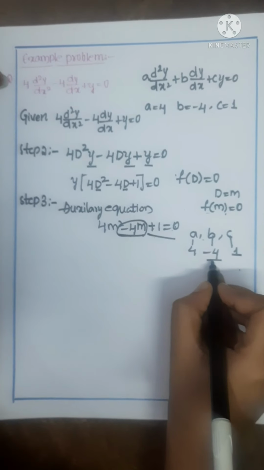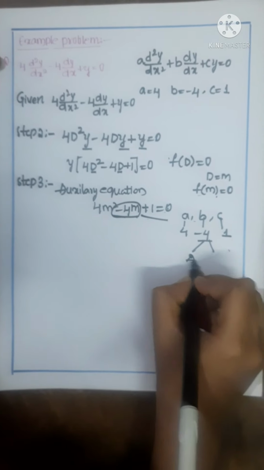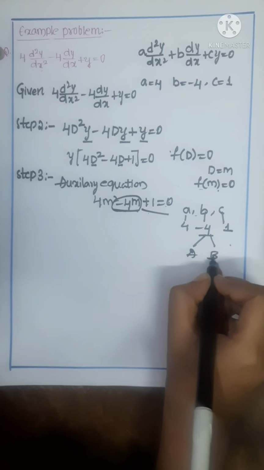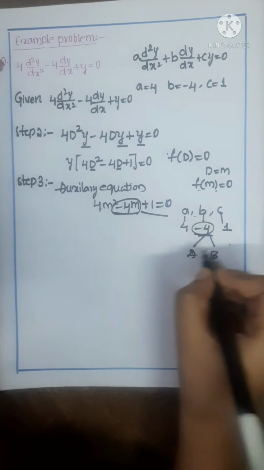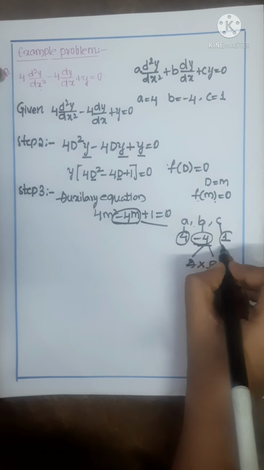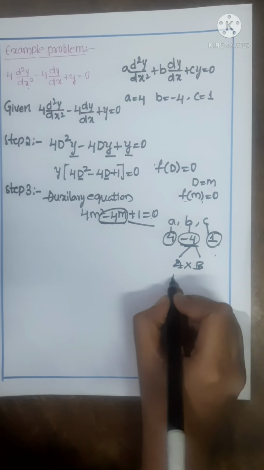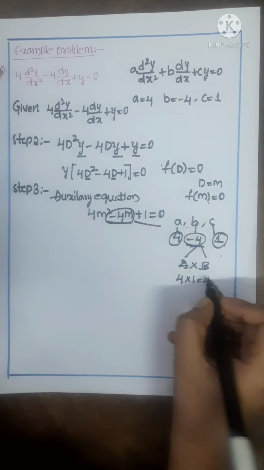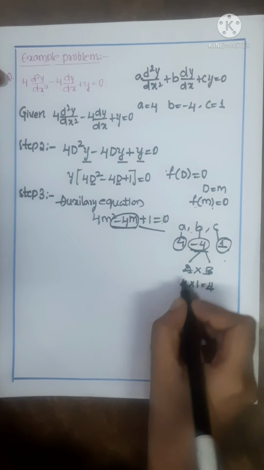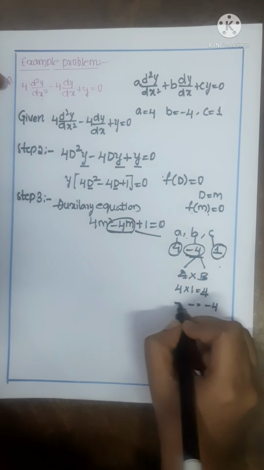After splitting this term into two terms, let us suppose capital A and capital B, when we add these two numbers we have to get minus 4, and when we multiply these two numbers we have to get a into c, which is 4 into 1, that is 4, right?